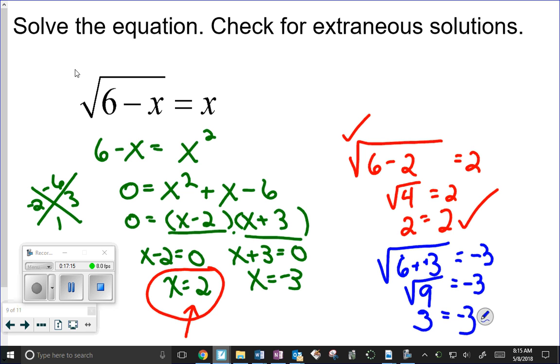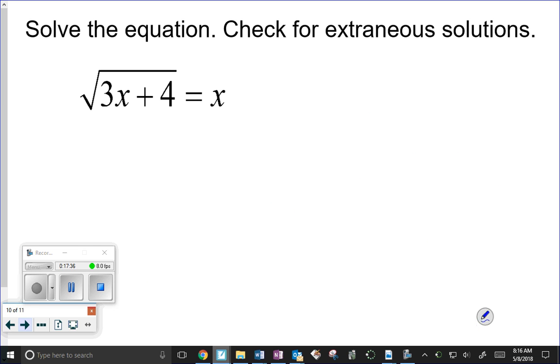So that means negative 3 is extraneous. You do not even mention it. This problem only has one answer, and it's 2. So you could get 2 answers, you could get 1 answer, or you could get no answers. That's why it's important to check for extraneous solutions.